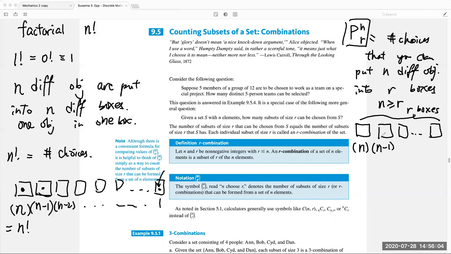For the second box, you have n minus one choices. And then, how about the last box? How many number of choices can you put in? More than one?